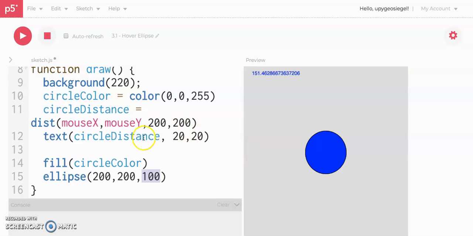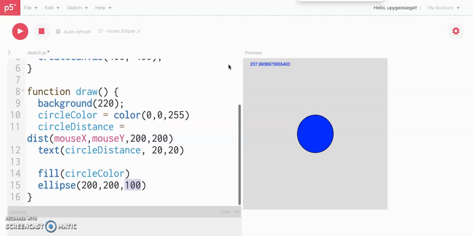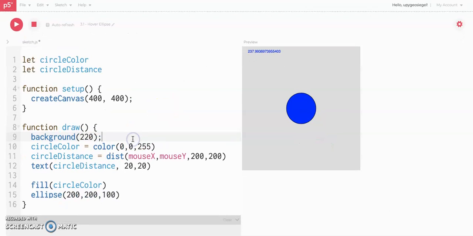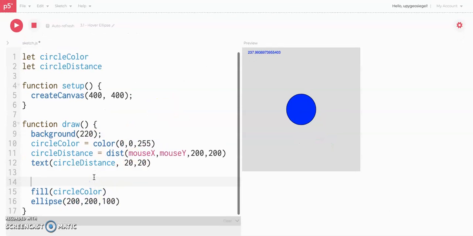All right, so now that we have our distance, we're going to start doing our if statement. So let's think about this. We want the color to change if our distance from our mouse to the center is less than 50. So let's try that.